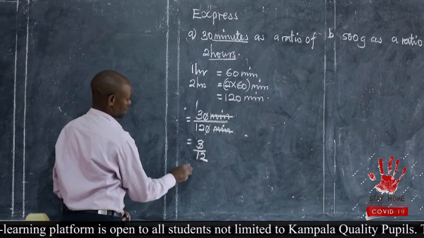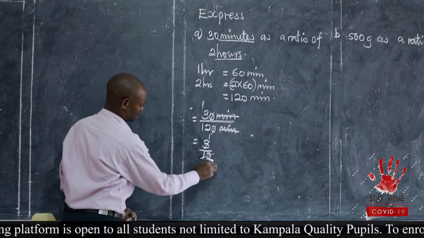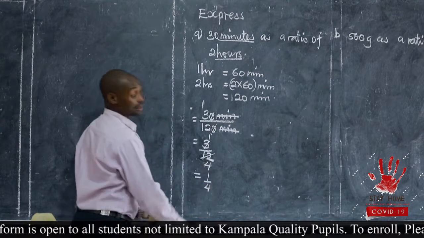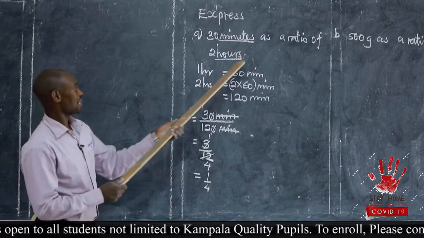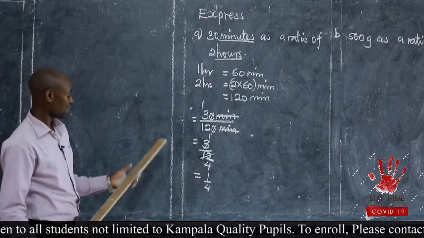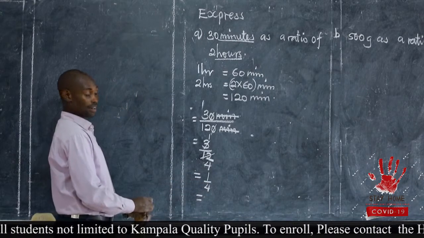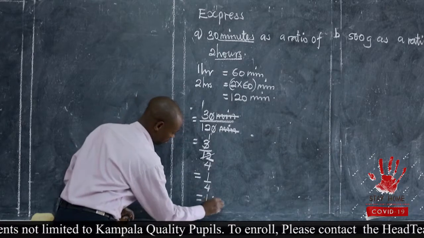So 3 divided by 3, we get a 1. 12 divided by 3, we get a 4. So we are getting a quarter as our fraction. Since we are expressing as a ratio, this is not the final answer. How do we express a quarter as a ratio? It will be 1 to 4.